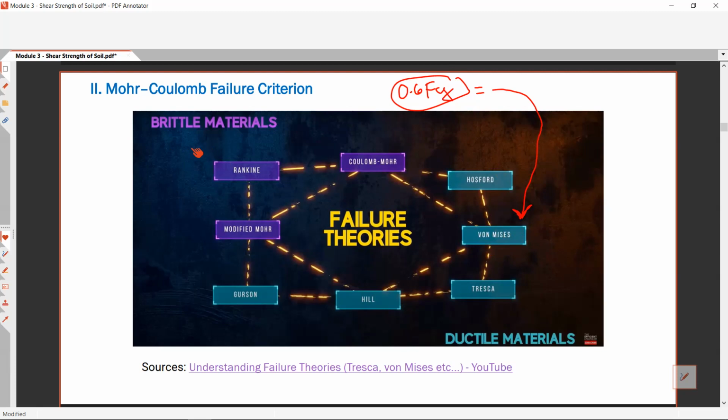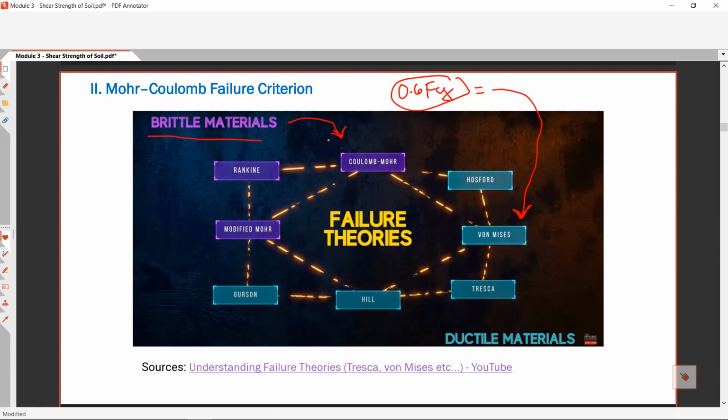In the case of brittle materials, just like soil, yan, brittle materials yung soil. Okay, so the best, not the best, maybe yung simplified failure theory is this Coulomb-Mohr theory. Coulomb-Mohr or Mohr-Coulomb failure criterion.